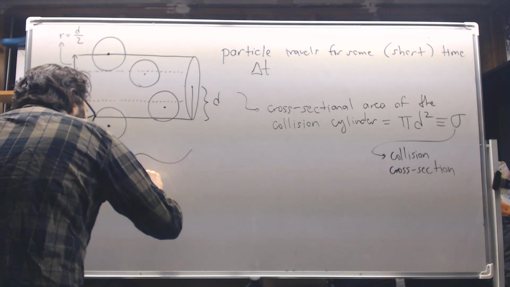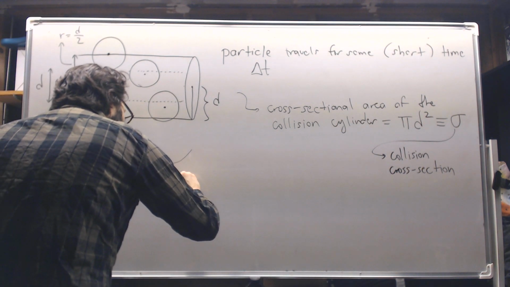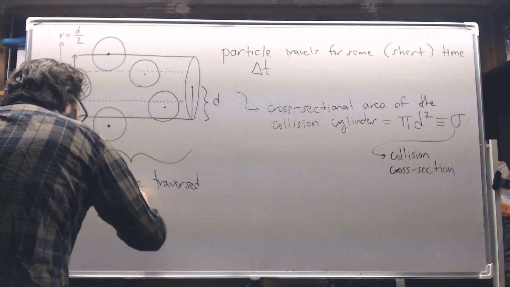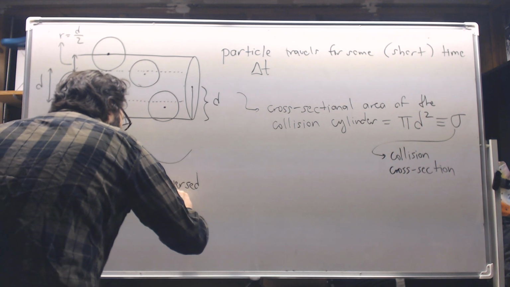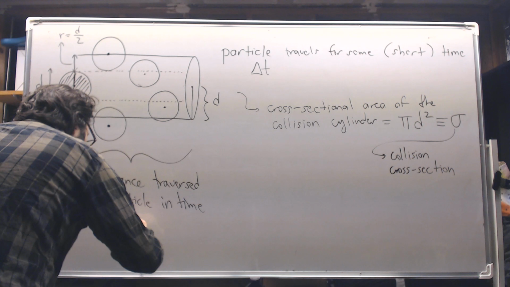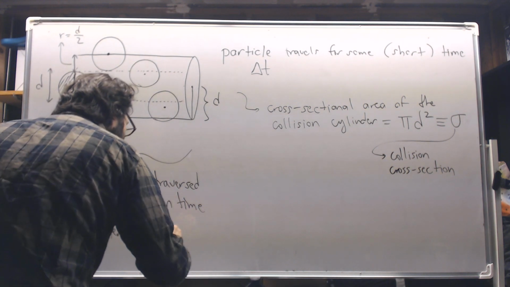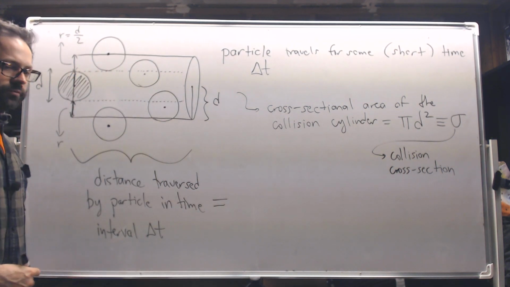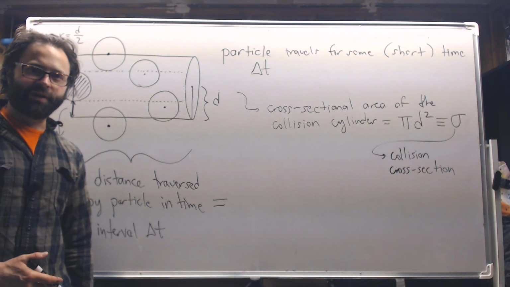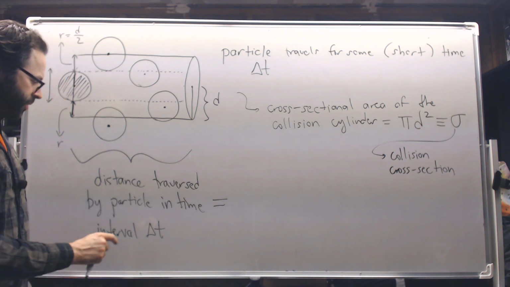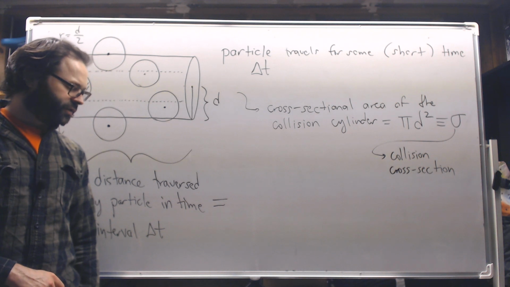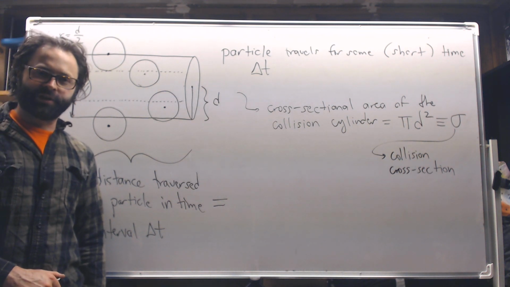The distance traversed by the particle in time interval delta t is equal to the speed with which the particle moves times delta t, right? Distance is speed times time. So if the particle moves for a time delta t, the distance that it covers is the speed with which it moves times delta t.